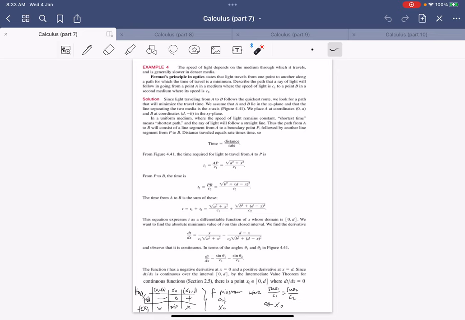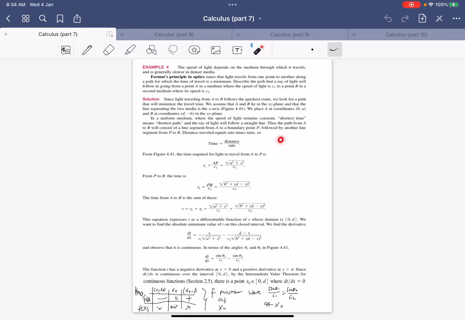If you see the textbook diagram to visualize, you'll understand how this formula came about. They take this as their x, this is their distance, and because time is distance over speed, this will be their formula.